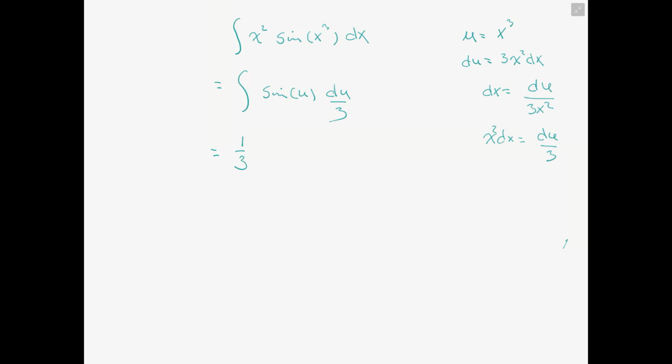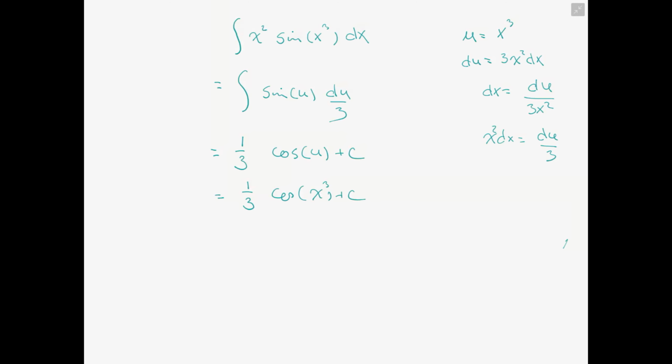And that's equal to 1/3, and this is cosine of u plus c, and that's equal to 1/3 cosine x to the third plus c. And that should be our answer.